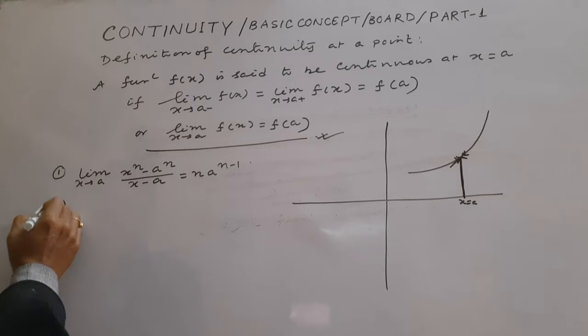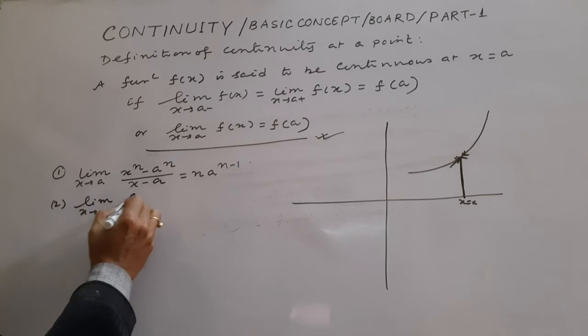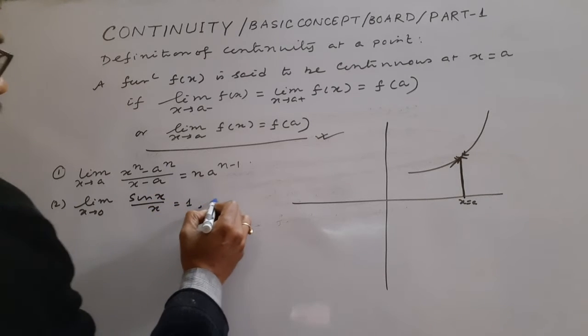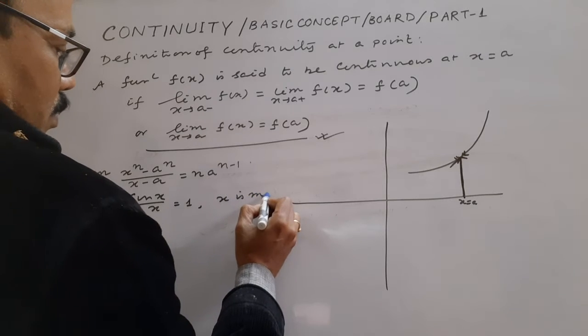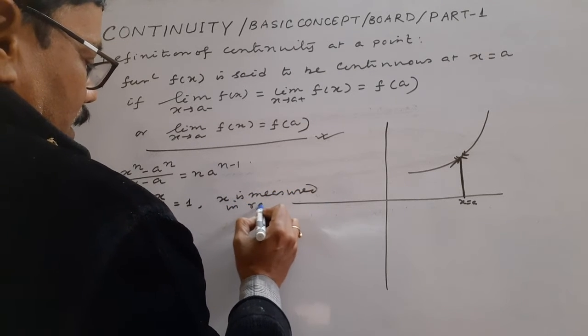Number 2, limit x tends to 0, sin x by x equals 1. Here x is measured in radian.